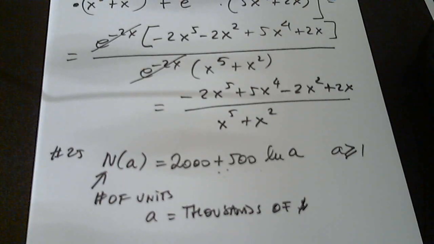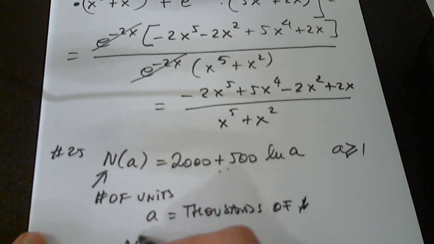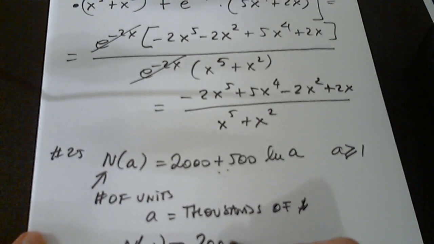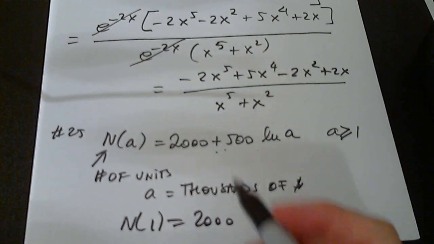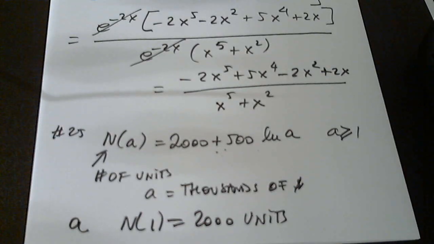When I plug in 1, we know that natural log of 1 is 0, so 0 times 500 will be 0, so it will be 2,000, absolutely. But I needed to put it in there anyway. So N of 1 equals 2,000 units. That's part A. Good. Let's take a look at part B.